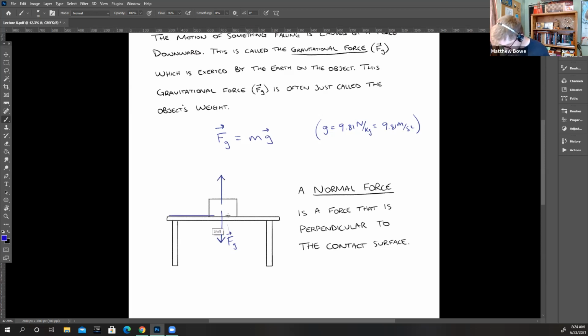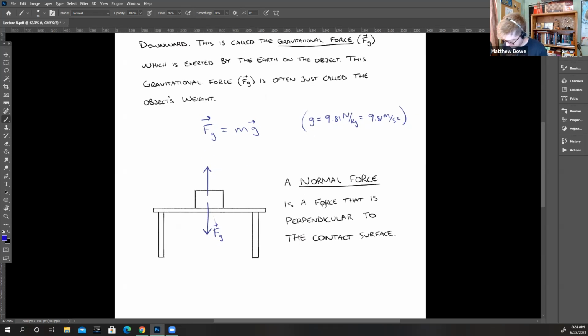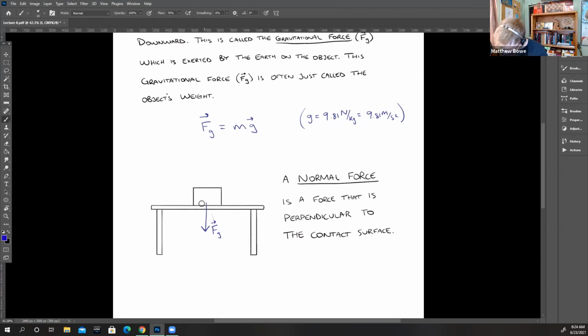So here's the contact surface. Right here, it's perpendicular to that. If I wanted to drive that point in a little more, you could think about the forces all colliding right here, right where they're meeting on the table. So the force of the book, force due to gravity, is downward, and right where it's contacting, perpendicular to the surface, that is the normal force. So that's F sub n for normal force.